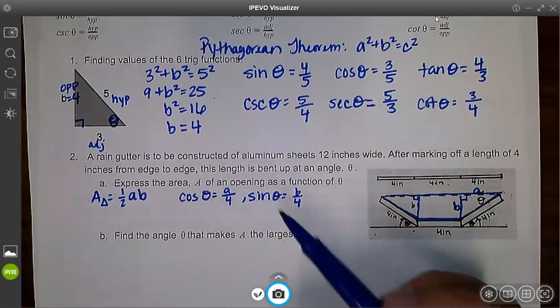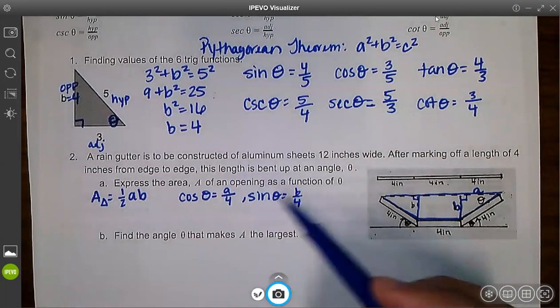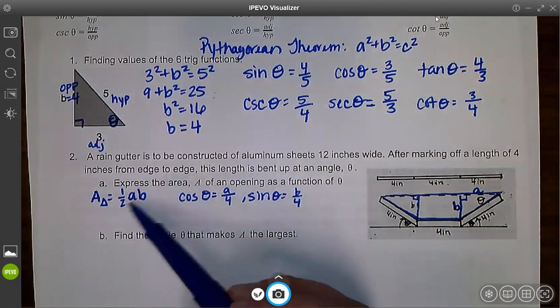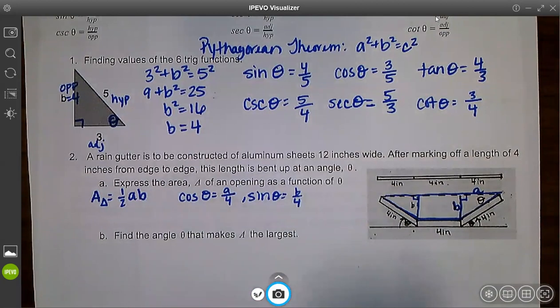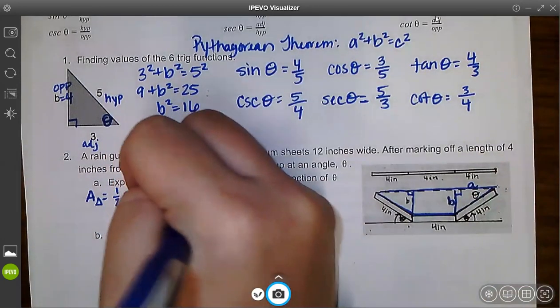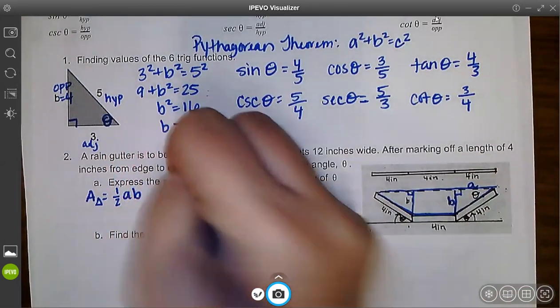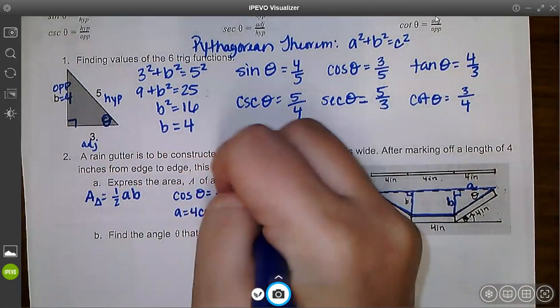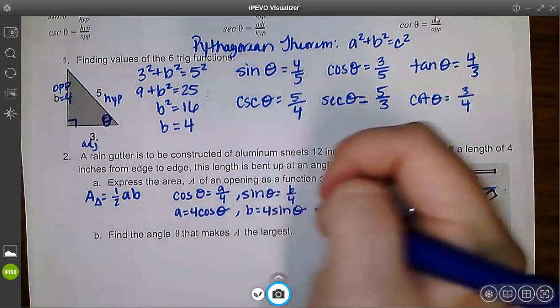Since we have these equations for a and b, we can solve them for a and b and plug them into this formula. If we multiply both sides by 4, we get a equals 4 times the cosine of theta, and b equals 4 times the sine of theta.